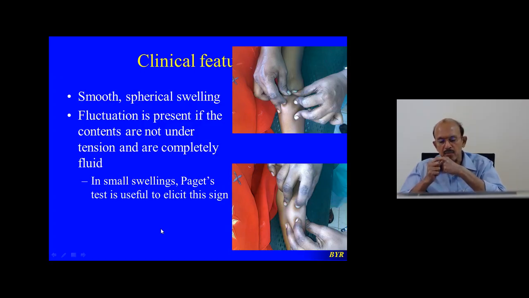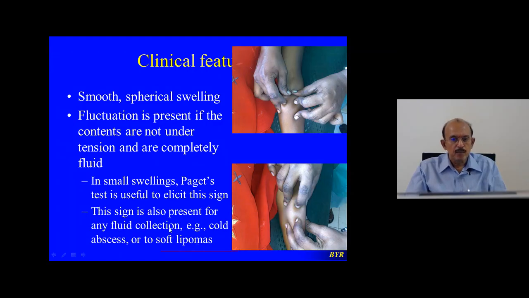You press at the center, then press at the periphery. If it is a cystic swelling, the swelling is softer at the center than at the periphery. If it is a solid swelling, it is harder at the center than at the periphery. So this is called Page's test. This fluctuation sign is also present for any fluid collection like cold abscess and very soft lipomas.